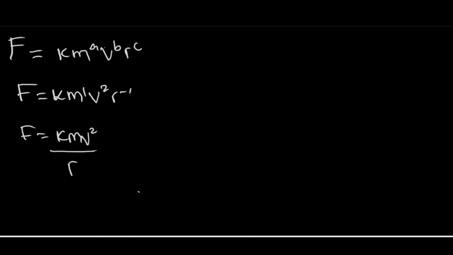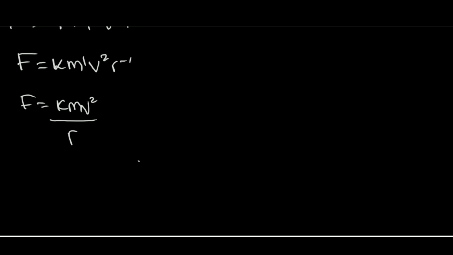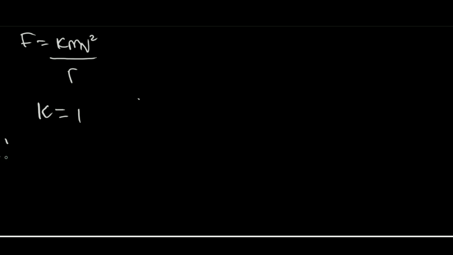So from this, you need to understand that our k, just for this case, is 1. So our constant is 1, so that my force is equal to mv squared over r. And this is my equation.